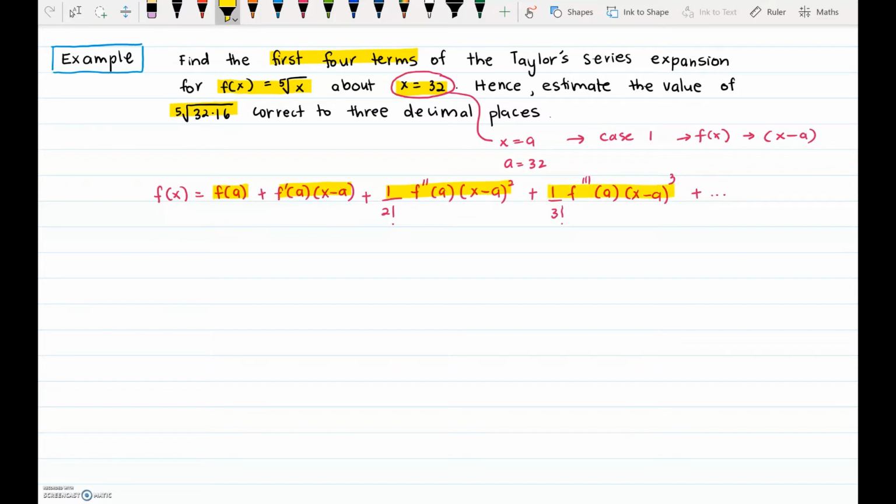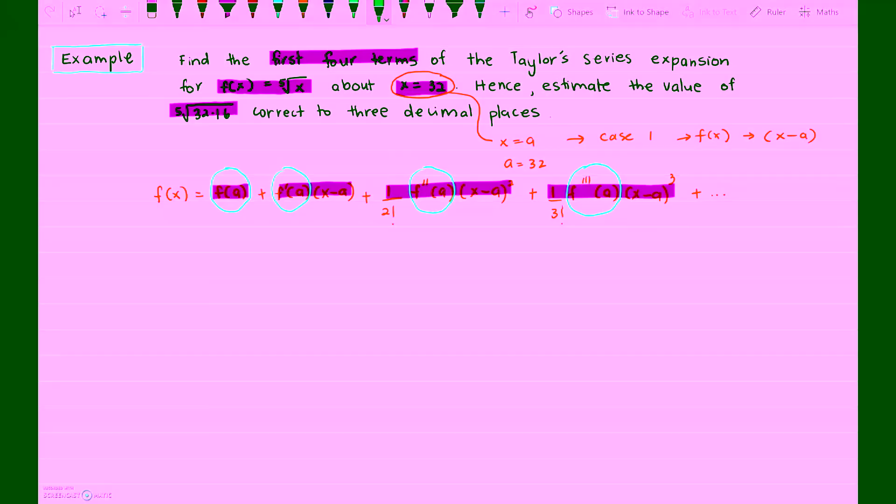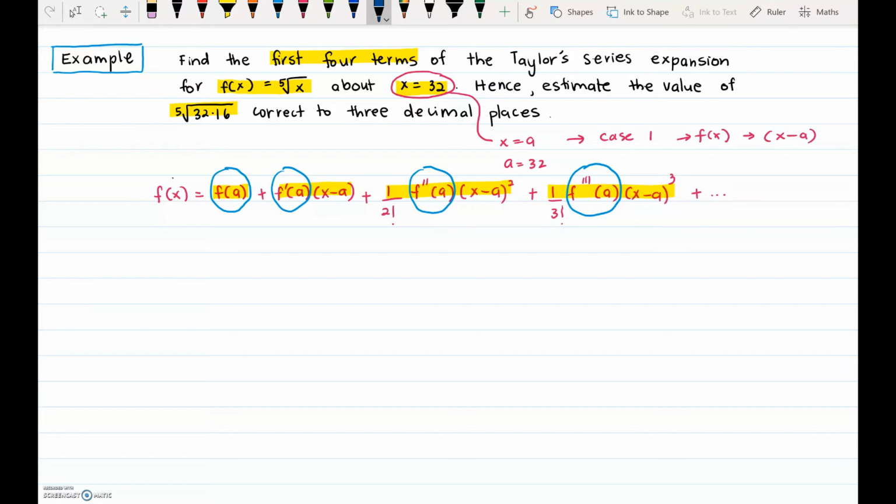Next we want to find f(a), f prime a, f double prime a, and f triple prime a. Firstly we have to know what f(x) is. Since you will use a Taylor series in the form of x minus a, f(x) is the given function in the question. So your f(x) is x to the power of 1 over 5.